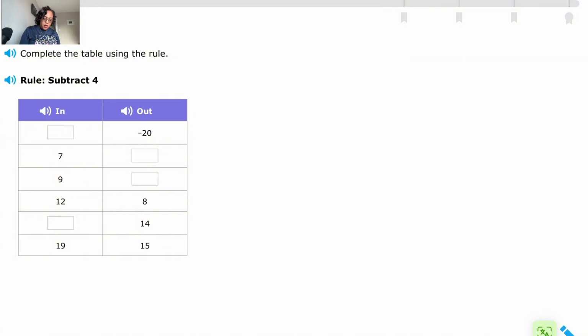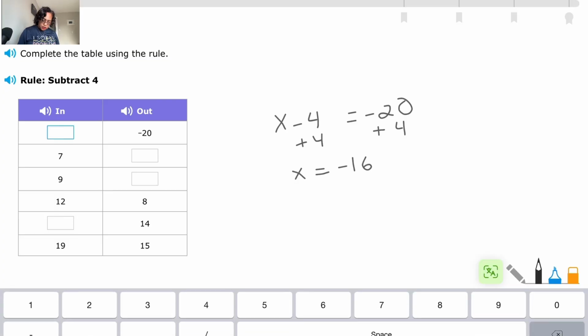So I have a number here that's x, and it's equal to negative 20, right? And I'm going to subtract 4 from it, right? The algebraic way to do this is to add 4 to both sides. Sorry, my writing is already not the prettiest. I add 4, and I'm going to get negative 16. Okay, so the first one should be negative 16.